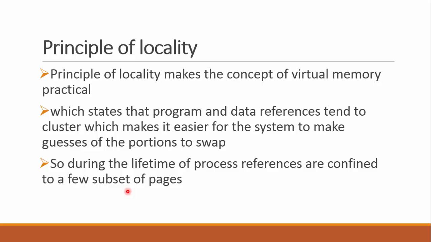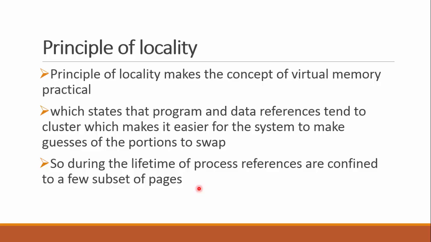To help us decide which pages to swap out, there is the principle of locality. This is the principle that makes virtual memory a reality, that makes it practical. The principle of locality states that program and data references tend to be in clusters. So it's easier for the system to guess which portions to swap.